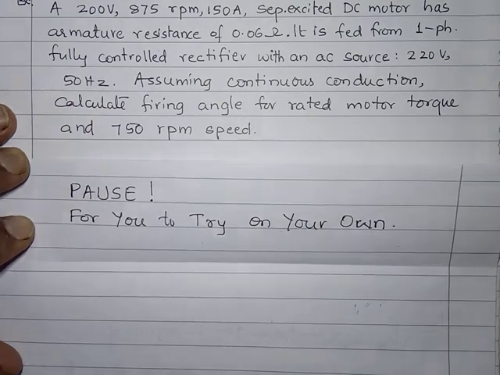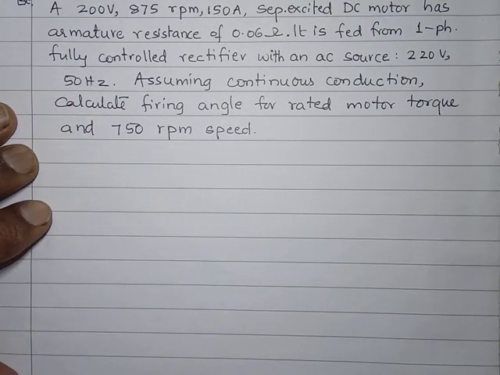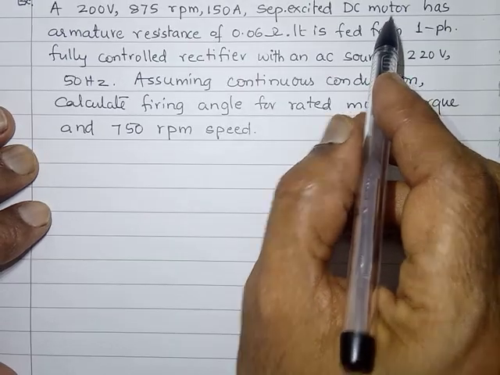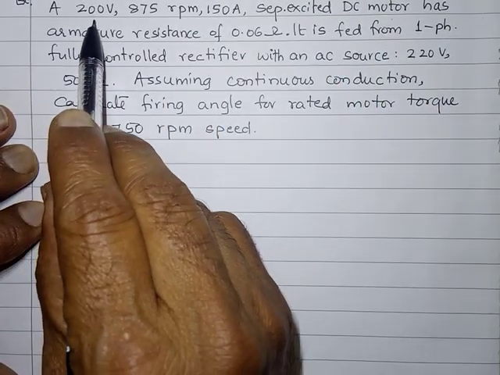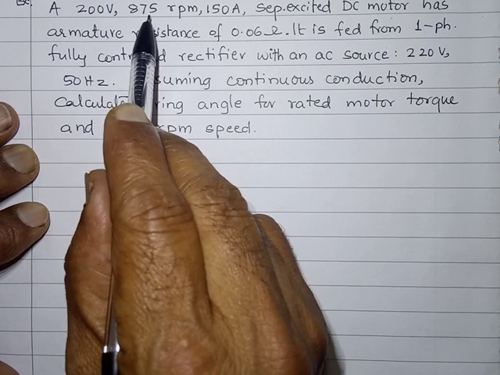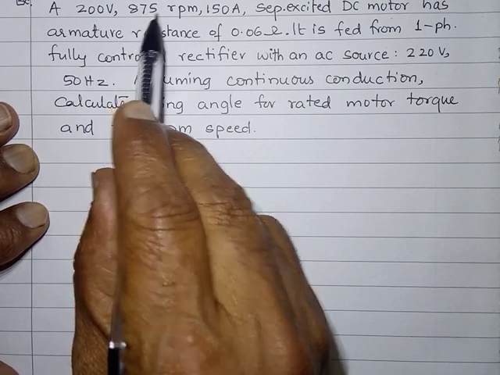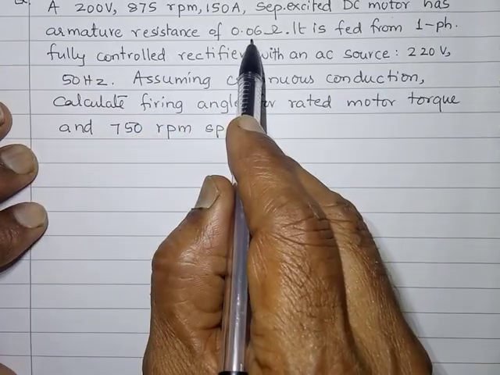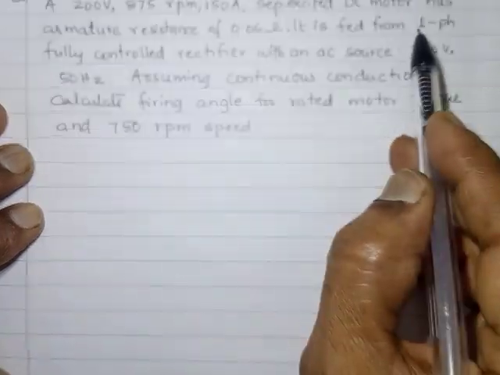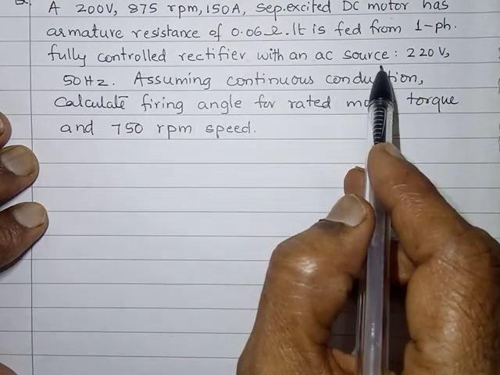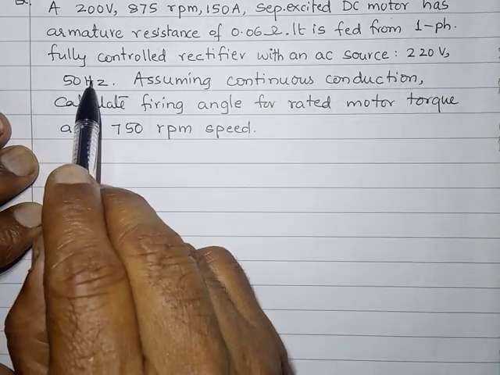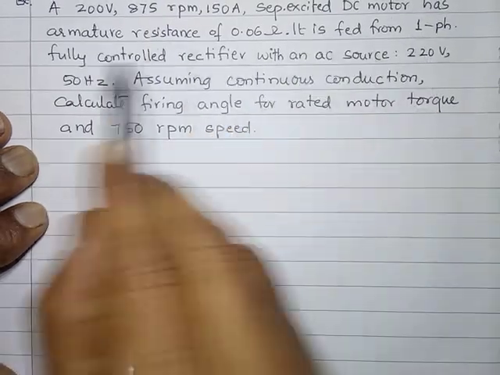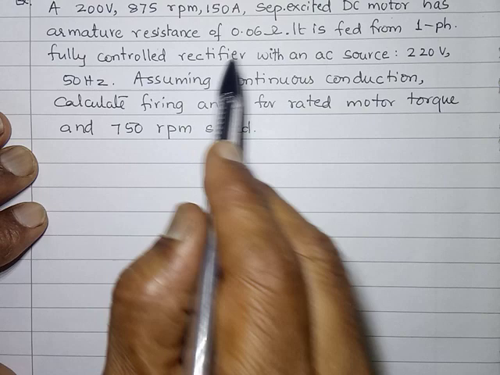Okay. So now look at the statement of the problem. It is a separately excited DC motor. It is rated for 200 volts, rated speed 875 rpm, rated current 150 amperes. Its armature resistance is 0.06. It is fed from a single phase AC source, 220 volts, 50 Hz, through a fully controlled rectifier.